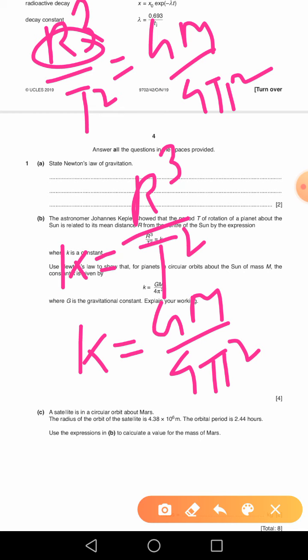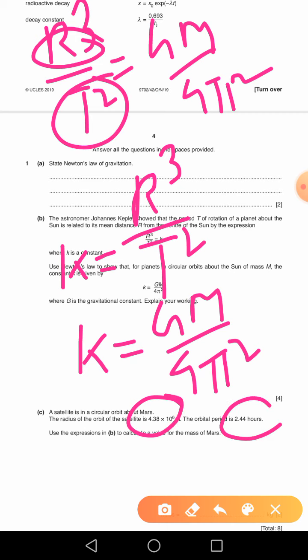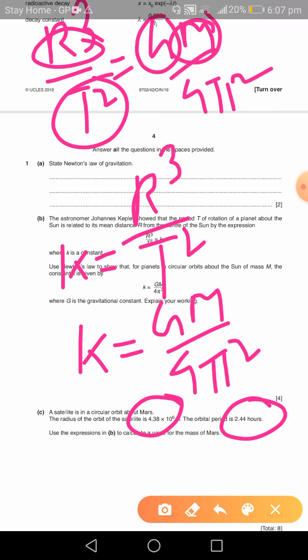No, we are not given the radius. No, radius is given, all right. We are also given the time period, which is in hours, but we have to convert it to seconds. We are given the mass of the Earth, and the value of G will already be given in the question in the first 2 pages.